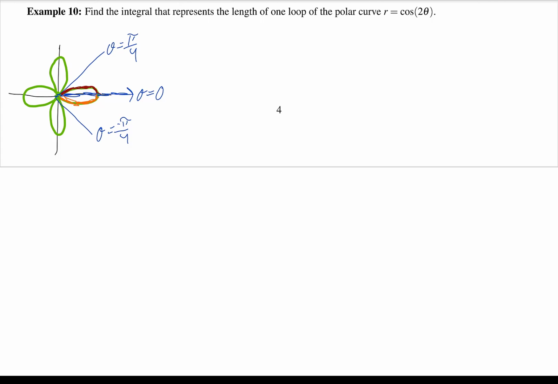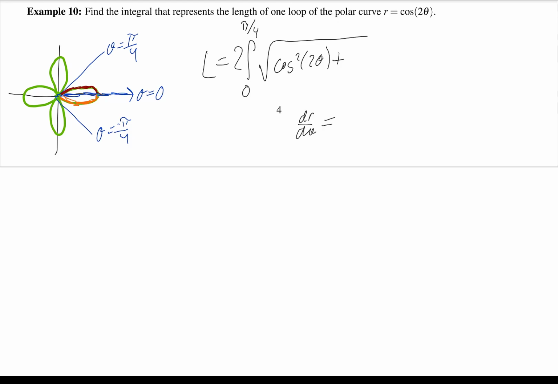So using our formula, we have that the length is going to be equal to 2 times the integral from 0 to pi over 4, the square root, so we should have r squared, so it'll be cosine squared 2 theta, plus, so now I need the derivative of r, so dr d theta.